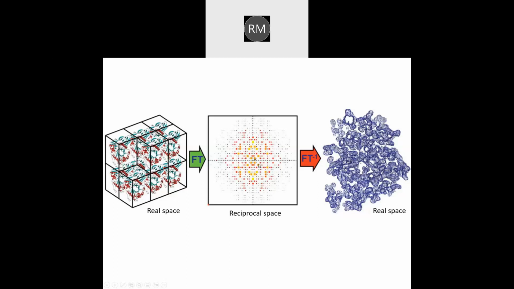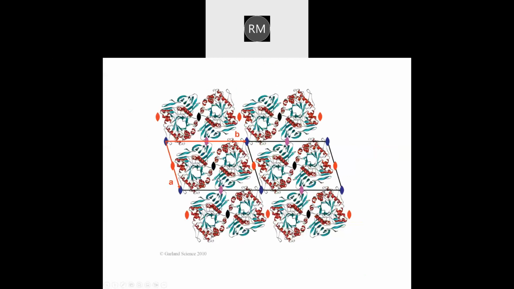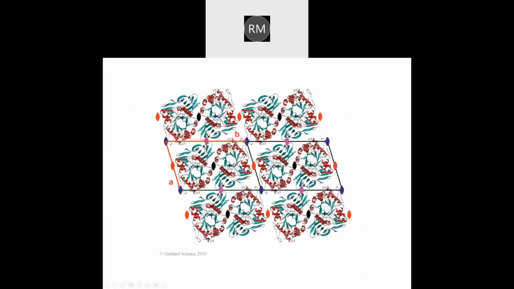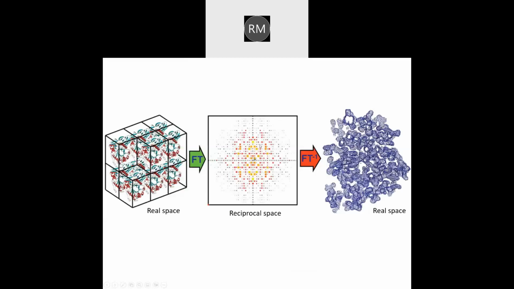If you have more dimension on this axis, then you have less dimension on this axis in the reciprocal space. Everything gets reciprocal. Let us say you have unit cell a, b, c here. This unit cell gets reversed in the reciprocal space. That's why it is called reciprocal space.